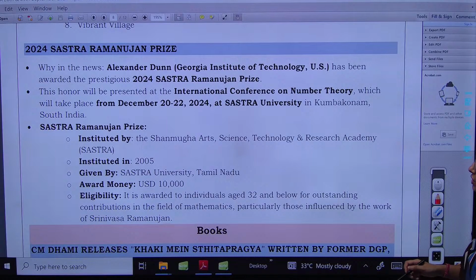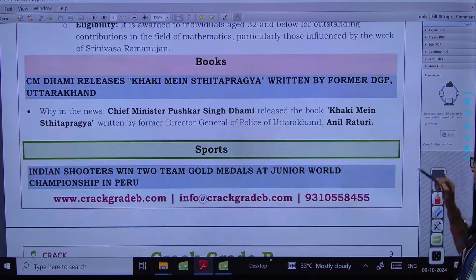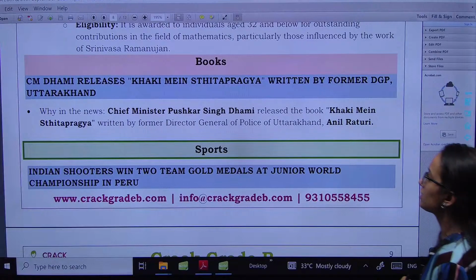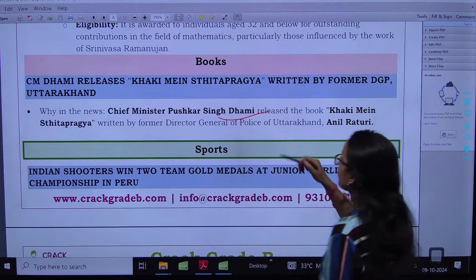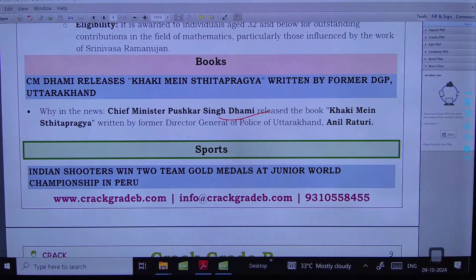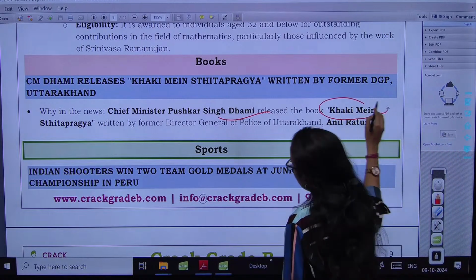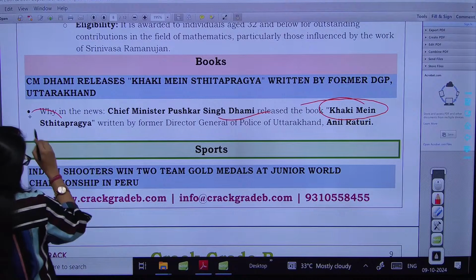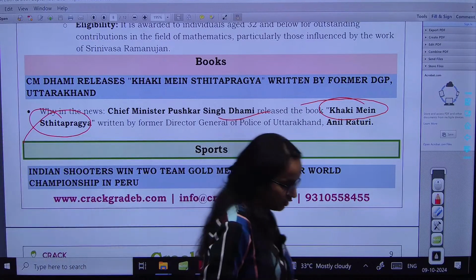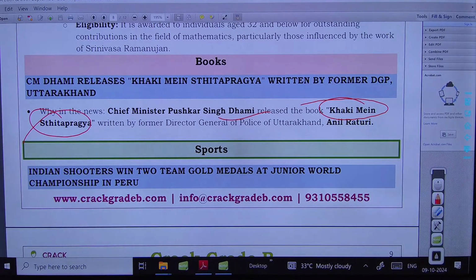This becomes important. Now the next category we have is the books category. In the books we only have one such name. Chief Minister Pushkar Singh Dhami from Uttarakhand has released the book खाकी में स्थित प्राज्ञ.